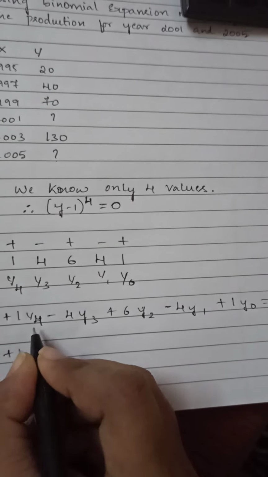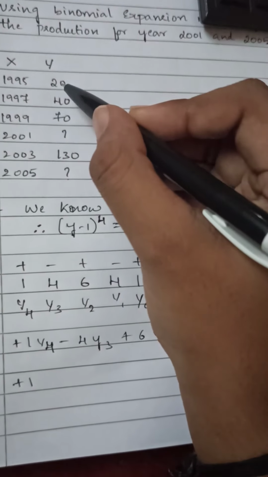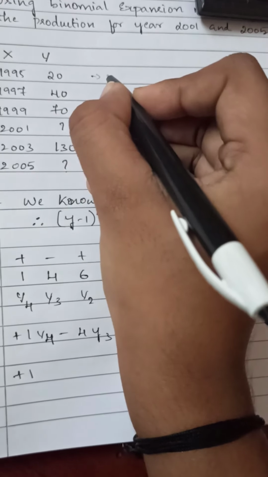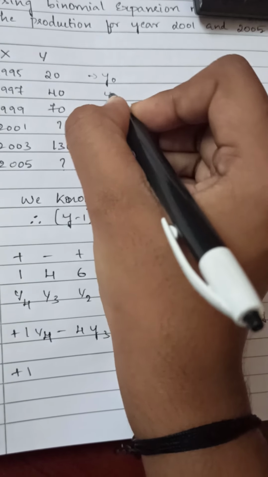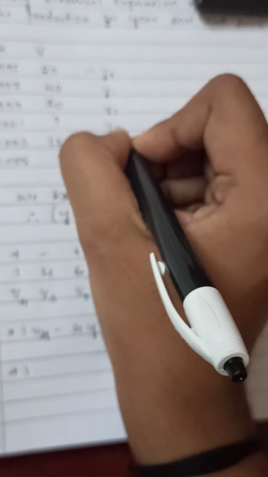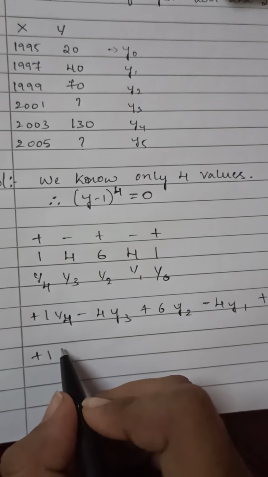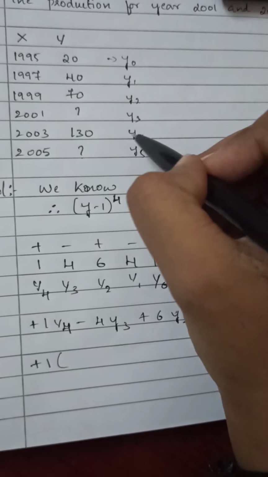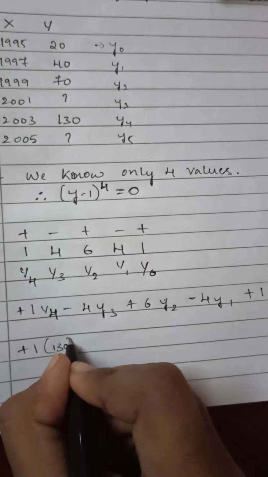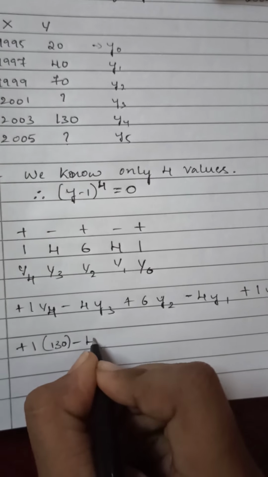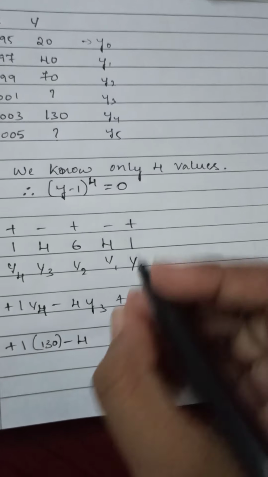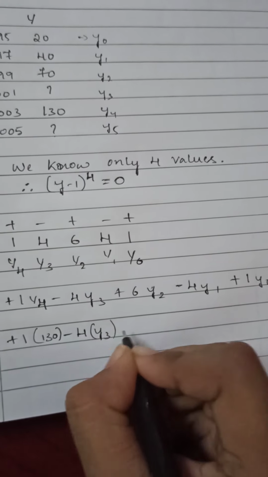Plus 1 y4. What is the y4 value here? Here, these are the values y0, y1, y2, y3, y4, y5. So the y4 value is 130. So write down 130 minus 4 y3, the y3 value we don't know, so y3 as it is.